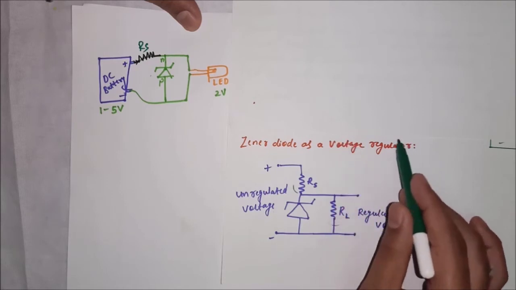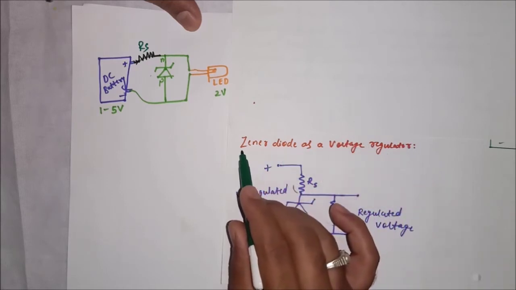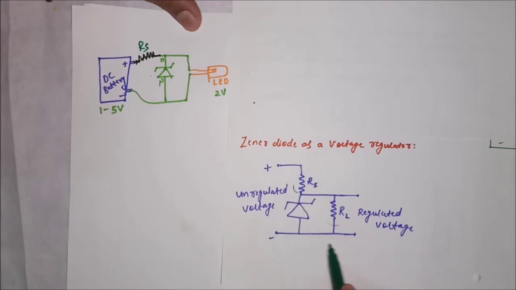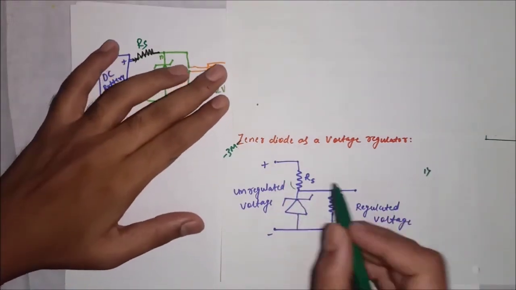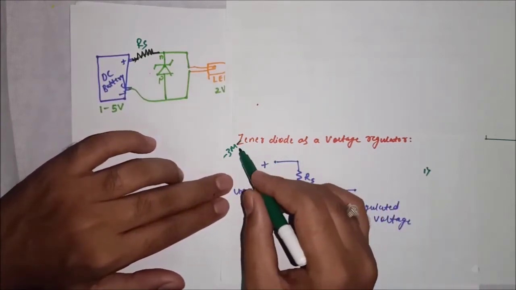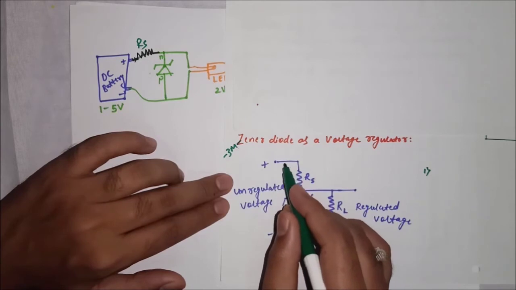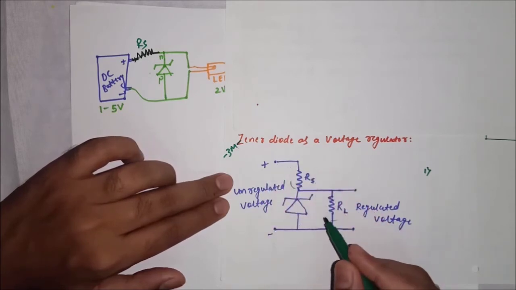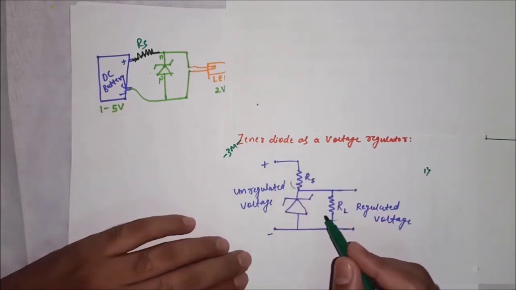In voltage regulators, one simple circuit we use is the Zener diode circuit. If they ask this question, Zener diode as a voltage regulator, for 3 marks, you have to write the circuit diagram properly first. And these are the points you must write.